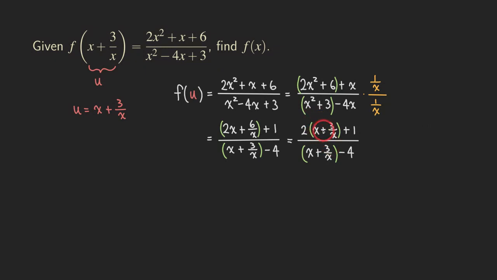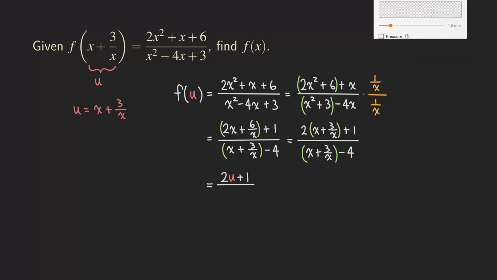Now, what do you see? We can actually replace the x plus 3 over x by u, because we claim that u is equal to this. So all we have to do now is replace it, so that we get 2 times u, and then plus 1 over u, and then minus 4.